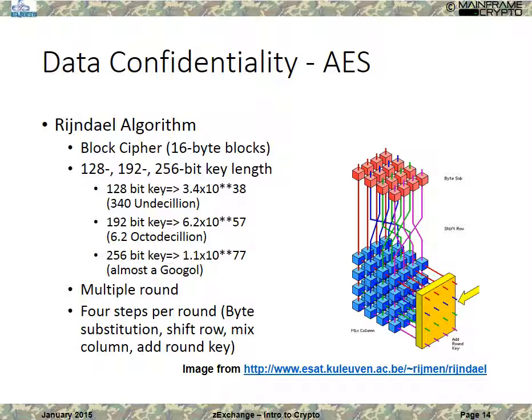So whereas NIST has said that triple DES will probably be secure until about the year 2030, given the pace of Moore's law and machines getting faster and faster, they've put no end of life on AES encryption. They haven't projected when machines will be fast enough to do a brute force attack and basically try every possible key value, almost a googol worth of key values if you're using 256-bit keys.